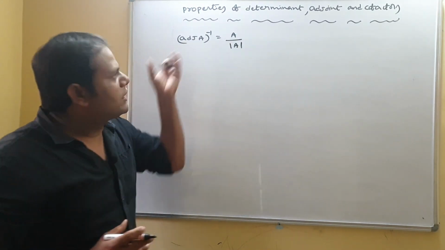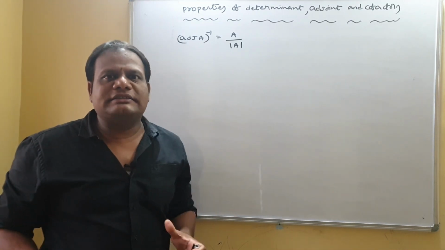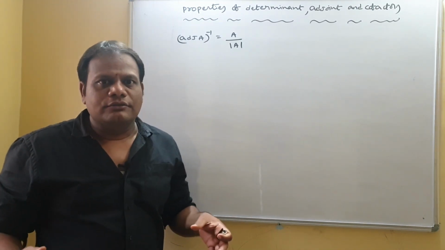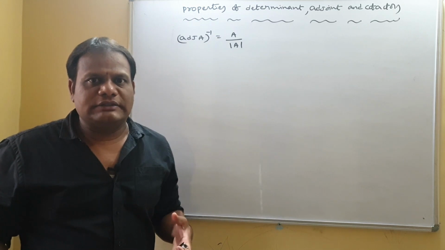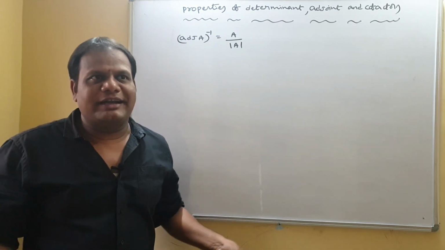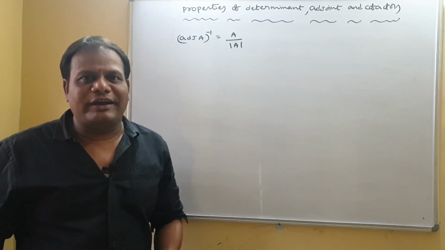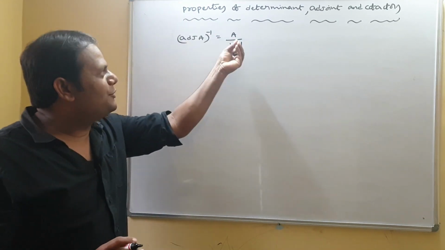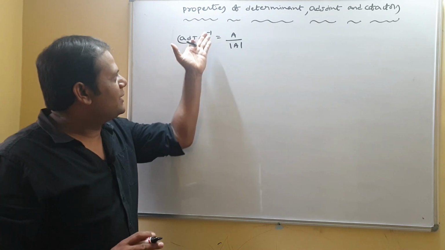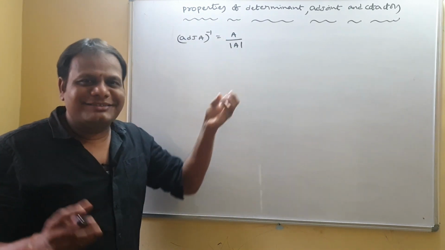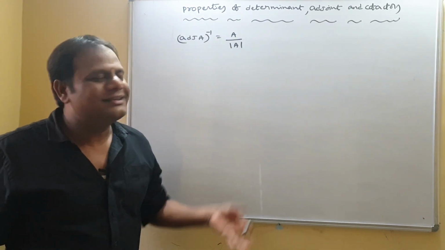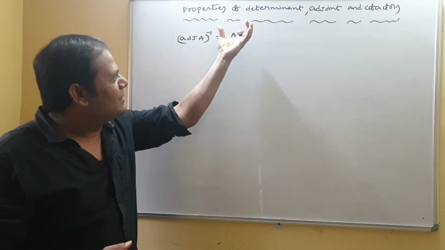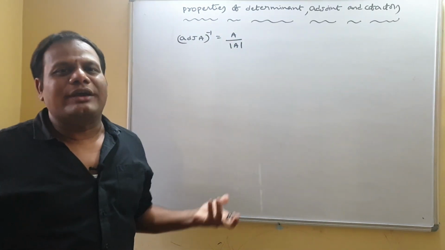If you are not aware of this, when given a matrix A and asked for adjoint A whole inverse, first we find adjoint A and then find its inverse. No need of doing that. Simply remember the formula: adjoint A whole inverse is A by det A. Just find the determinant of the matrix and divide the given matrix by the determinant, and you get the answer.